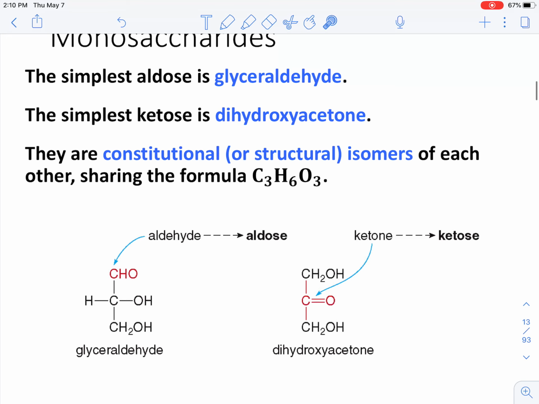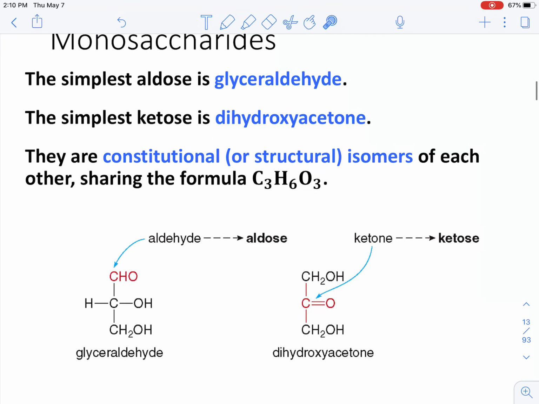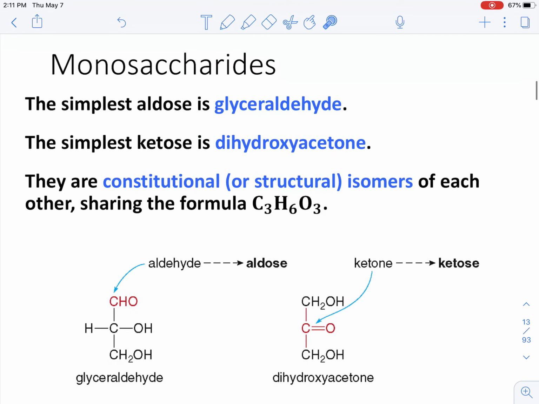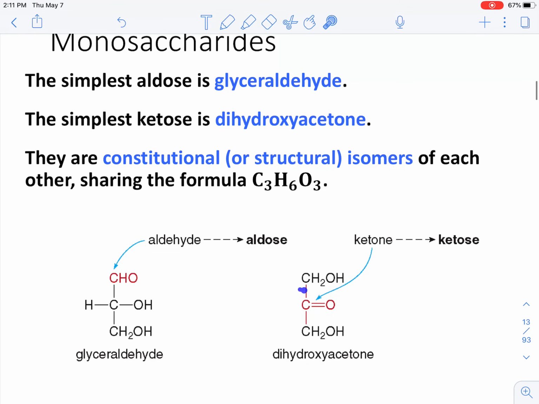All right, the simplest aldose, so to speak, is going to be glyceraldehyde, and the simplest ketose is going to be dihydroxyacetone. Looking at this image at the bottom, here we have a 1, 2, 3 carbon carbohydrate, and here we have a 1, 2, 3 carbon carbohydrate.